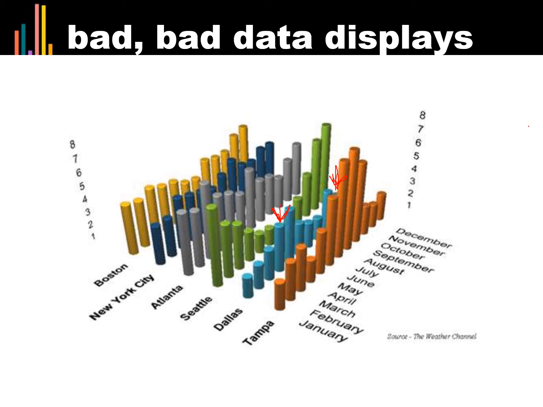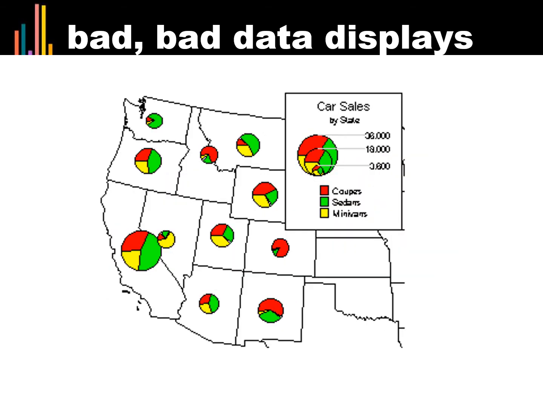Also, there's really no way to know where this lines up. I don't know if that's an 8 or a 5 or a 3, right? We can't tell how they line up. It's really hard, like if I wanted to find September in Seattle, I'd have to count down 1, 2, 3, 4. So it'd be this one. I don't know what the numbers would be. So that's why these, even though they look cool, you want to avoid them.